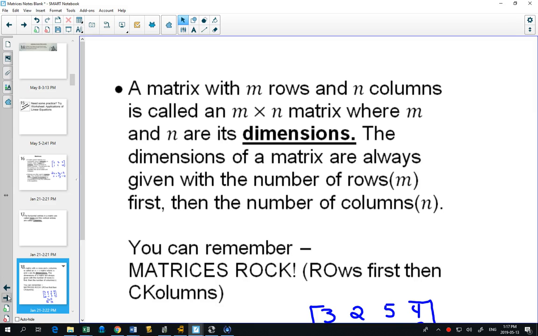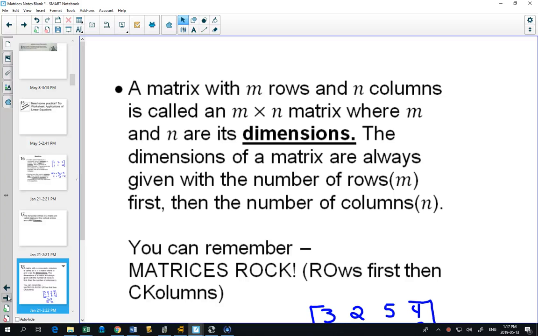And we describe the size of a matrix by its dimensions, and dimensions are always the number of rows by the number of columns. So this is how I remember it. What I use to remember this is the little saying, matrices rock.